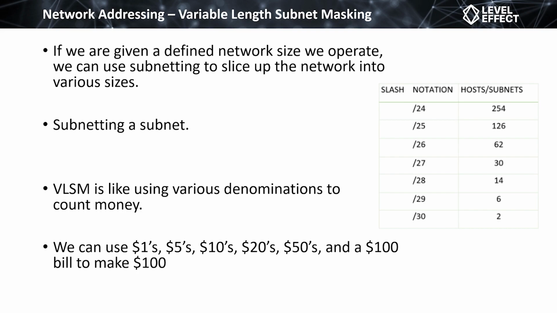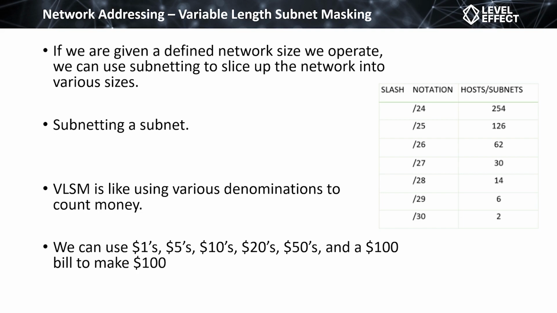So you can use variable length subnet masking, which is essentially using subnets to overlap one another. As we just saw previously, taking a host bit away doubles the number of networks but divides the available hosts in half. By doing this in conjunction with other subnets and planning it out, it's a manual process that an admin would have to go into these devices and configure. You can turn a whole bigger piece into smaller pieces.